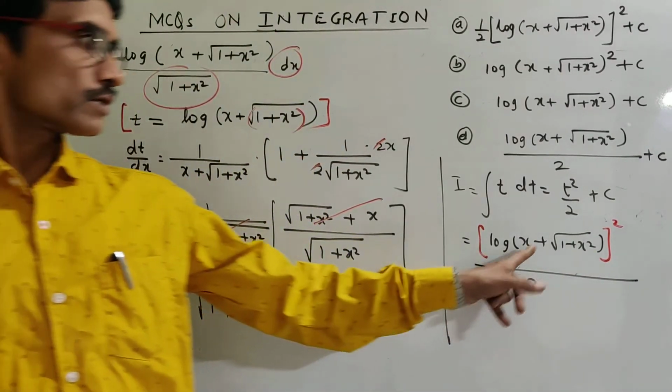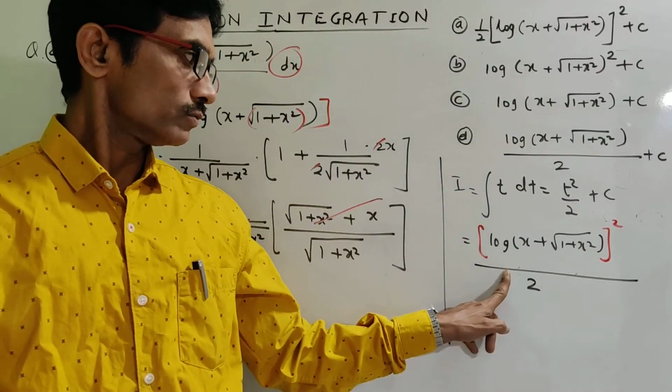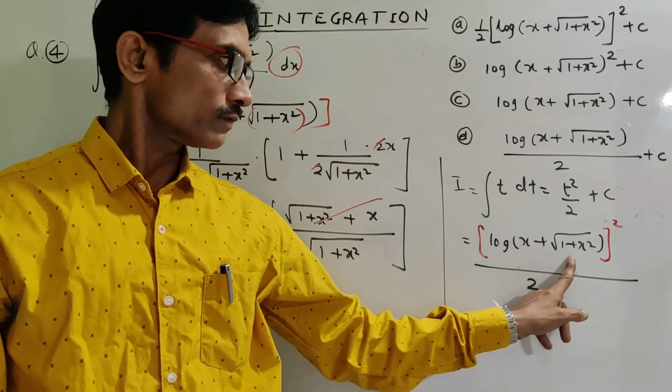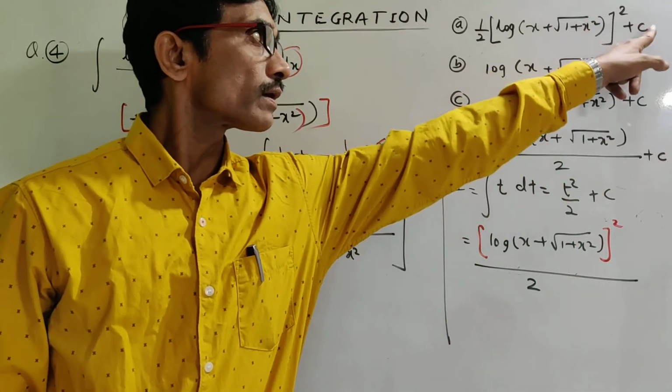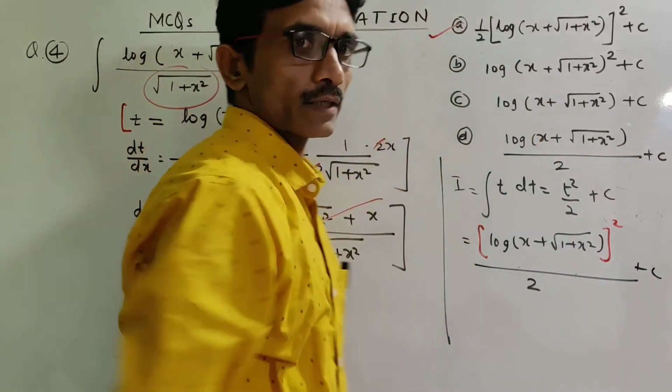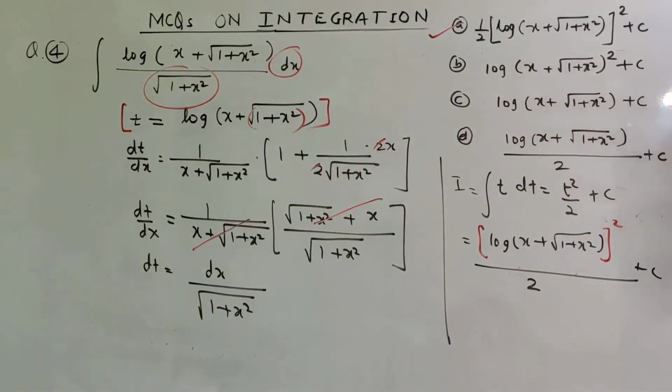So here we observe that it is 1 upon 2 times log of x plus root of 1 plus x square whole square, plus c. So option A is the correct option. So it is a very simple question.